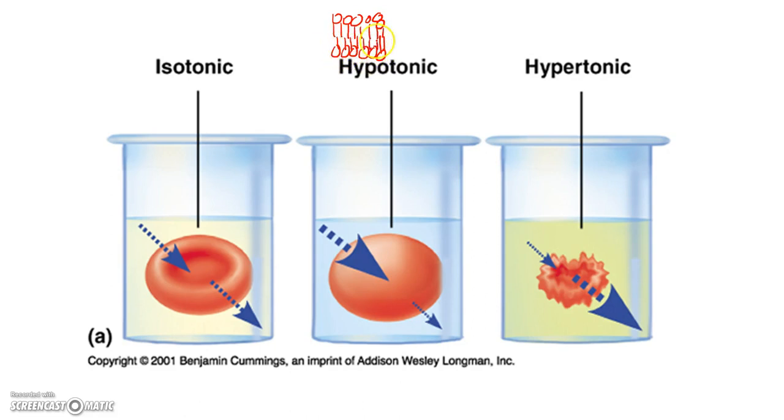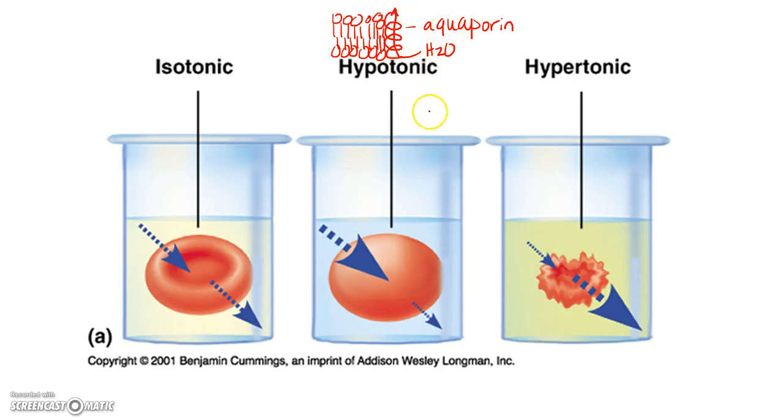So there's our phospholipid bilayer, and what you'll see is a little curly, small protein like that. This is what's called an aquaporin. These are little tiny proteins that are just big enough and just polar enough, and they sit right there, and that allows water to pass through.